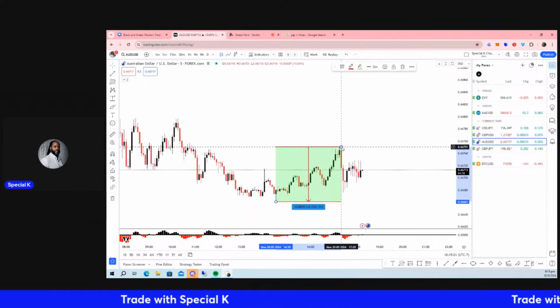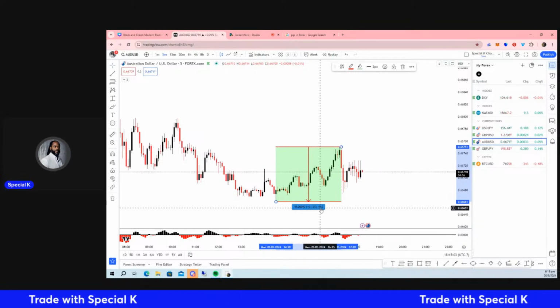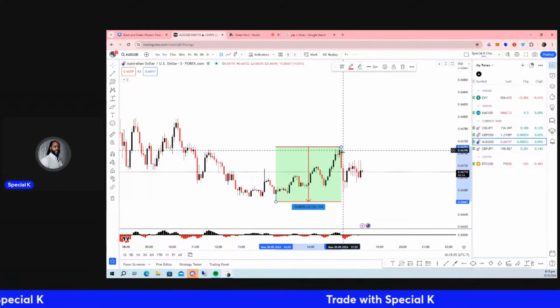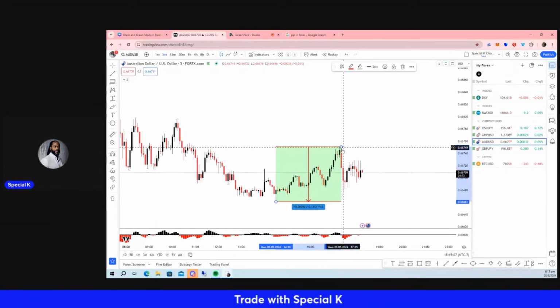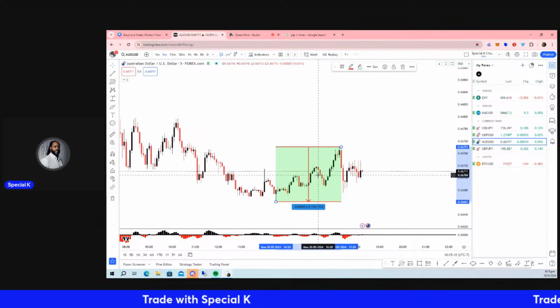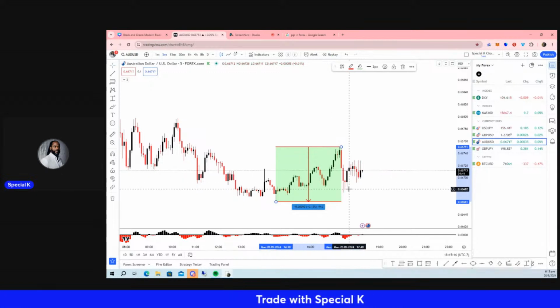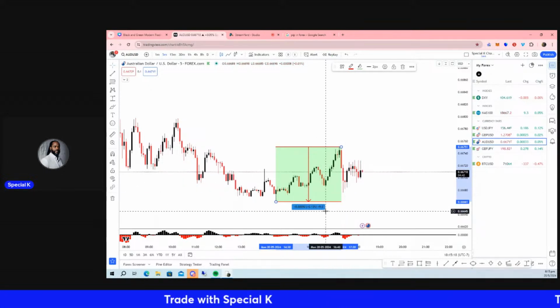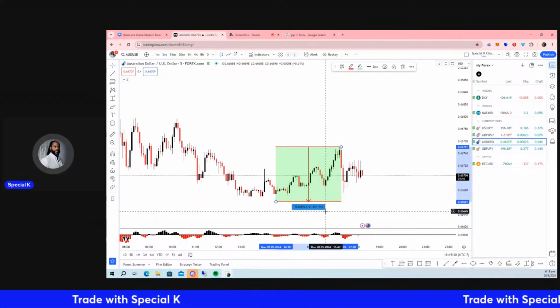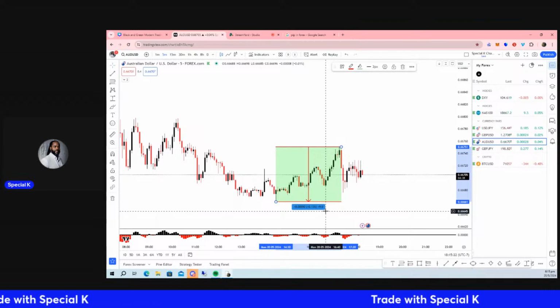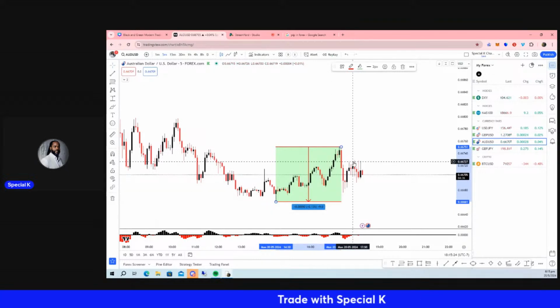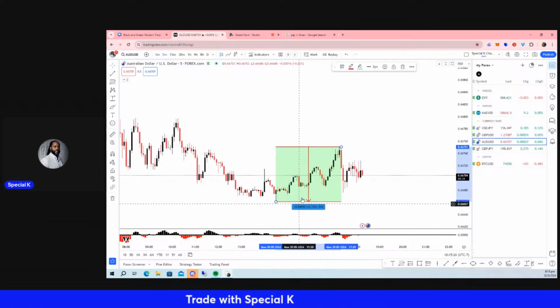Down here, it tells you price went 9 pips, right? I'll do another training on lot sizes and risk management and all that good stuff. But what this equates to, say if you're risking $1 per pip or $2 per pip, right?